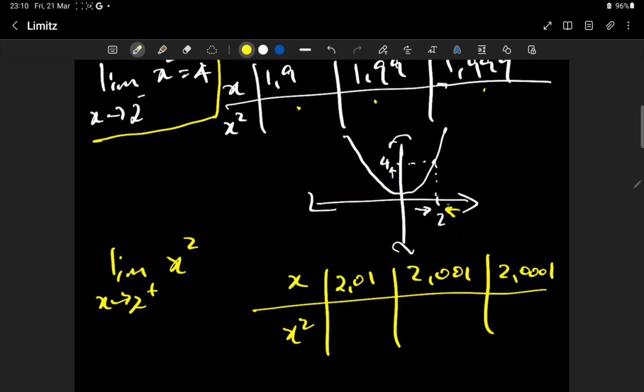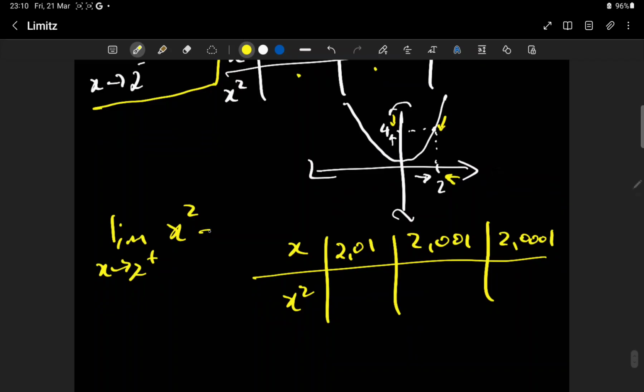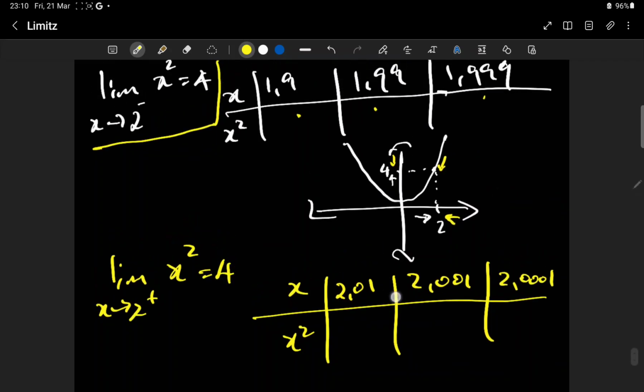So we're talking about values which are closer and closer to 2, but from the right of 2. And you can see from the diagram here that if you do that, this will be getting closer to this value. So this will be values which are above 4 but closer to 4. So this will be your 4.01s, etc. So this will also be 4, right, from the diagram.